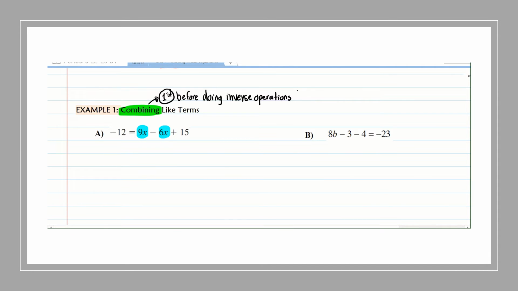I'm going to highlight my like terms here, which are the 9x and the 6x. Now, let's take note of this. When I say combine them first before doing inverse operations, they have to be on the same side of the equal sign.